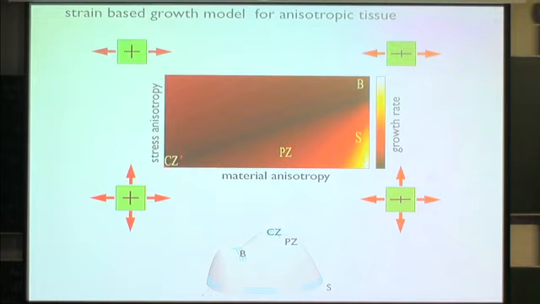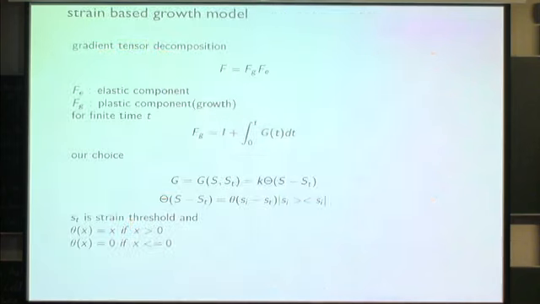And again, we have observed that the growth rates suggested by such a model are very similar to what has been observed in plants. The highest growth rate is on the stem, here, when plants want to grow. And the lowest is in the central zone and specifically in the boundary, where we have almost no growth.